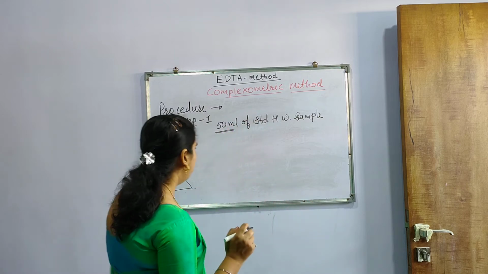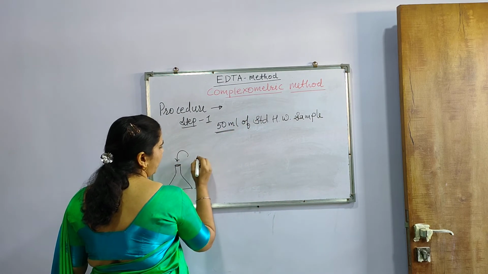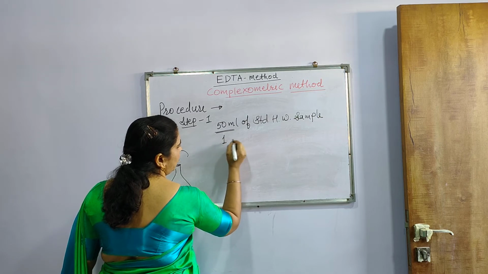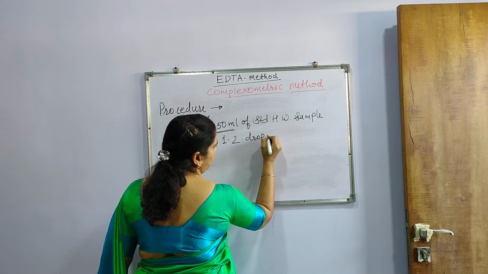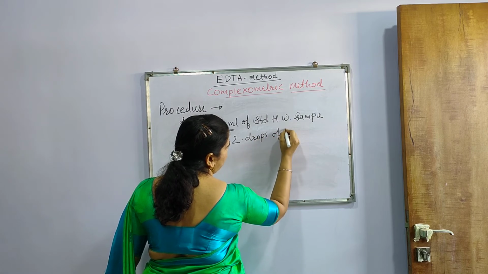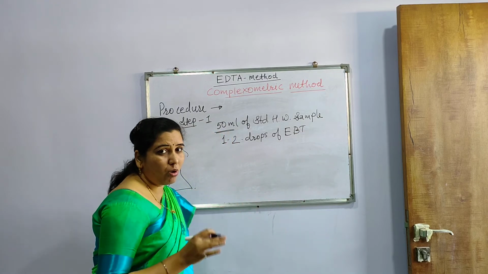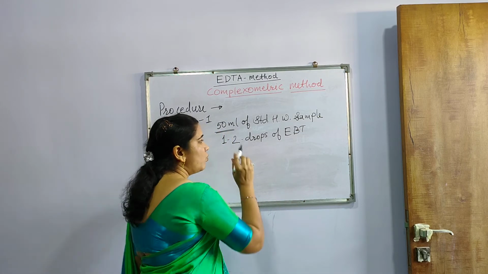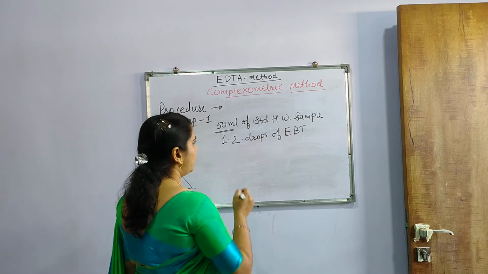Then we have to add 1 to 2 drops of EBT. So this EBT is an indicator, so it is to be used in just a few drops, so that we should get a color change.